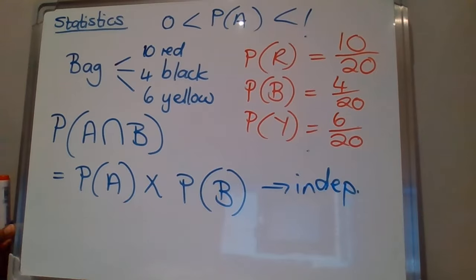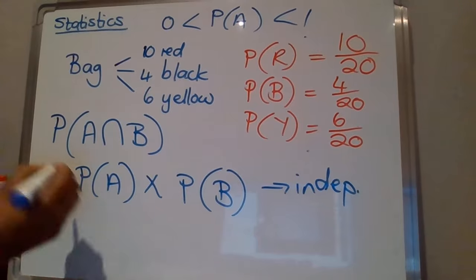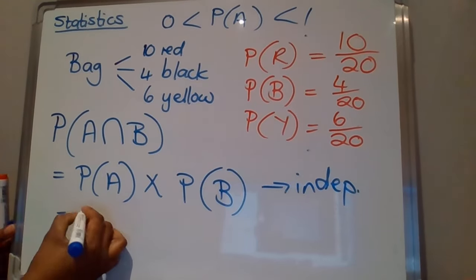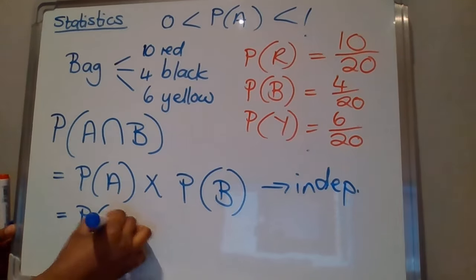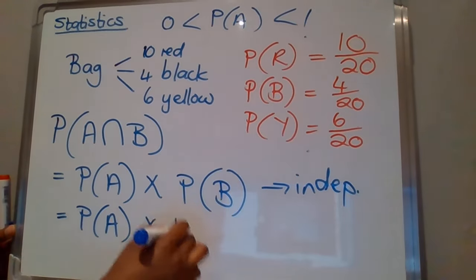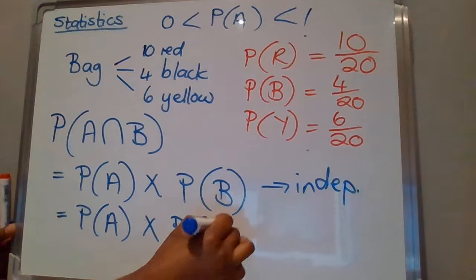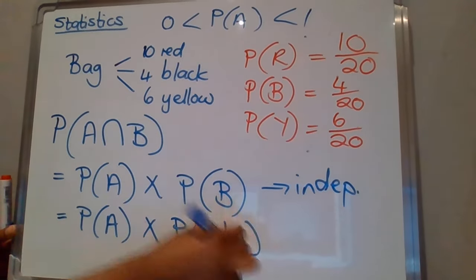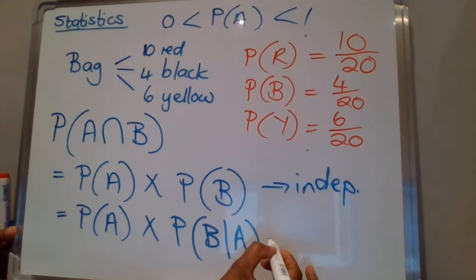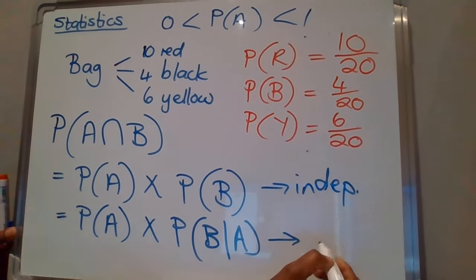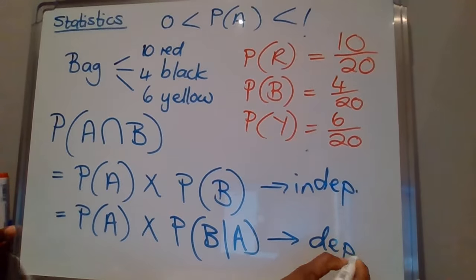Remember, I replace the ball, I replace the card. It goes back into the pack. Okay, or it's the probability of A multiplied by the probability of B following A. I don't replace the card. I don't replace the marble. So this is a dependent event.